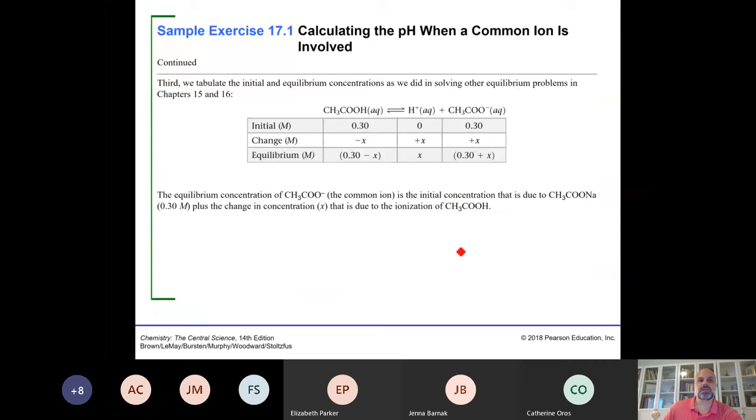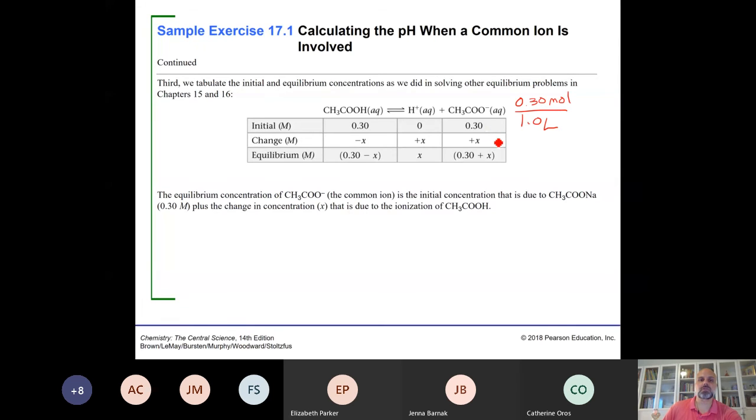Third, we're going to tabulate the initial concentration as we did in solving the other equilibrium problems. So we're going to do the same exact thing. We have our 0.30 of each of the acetic acid and of the sodium acetate. And remember, this was because we had our 0.30 moles divided by our 1.0 liters.